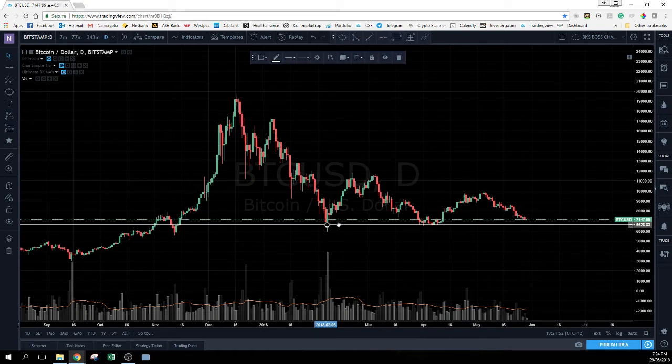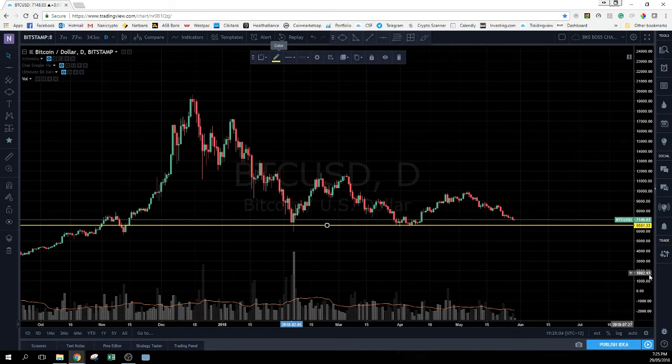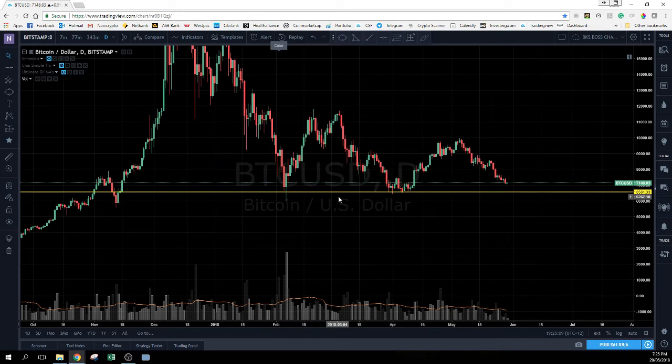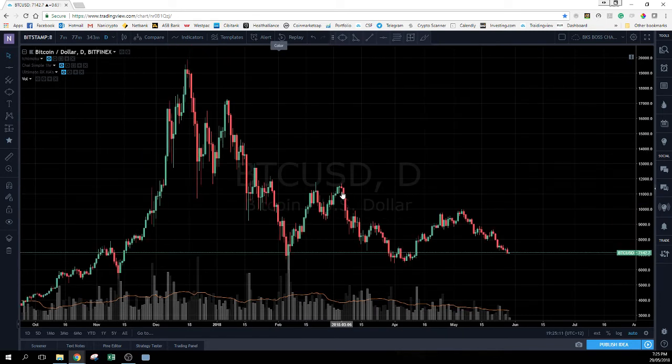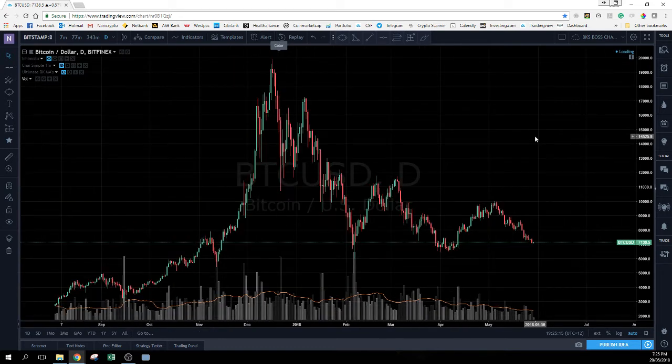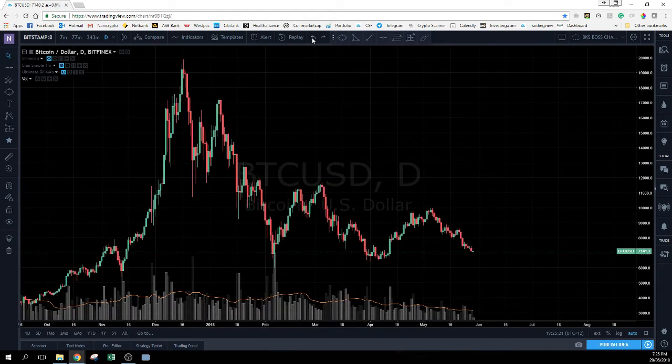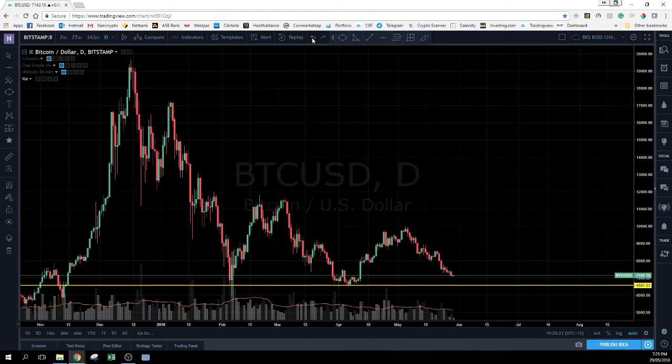I just changed that one to yellow as well, just so we can keep it consistent. Okay. And it's completely disappeared. Let's see if we can go back and draw it again. There it is.